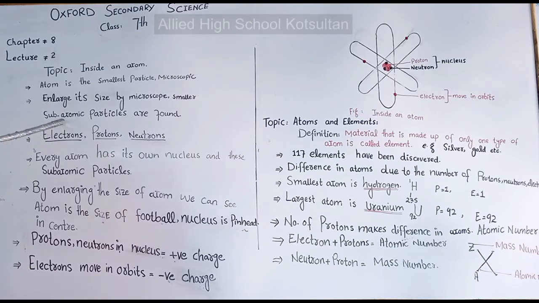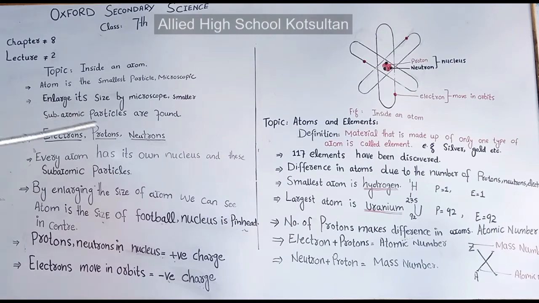Subatomic particles are smaller than atoms and are present inside an atom. It means we are now discussing the structure of an atom, what is present inside it. These subatomic particles are called electrons, protons and neutrons.